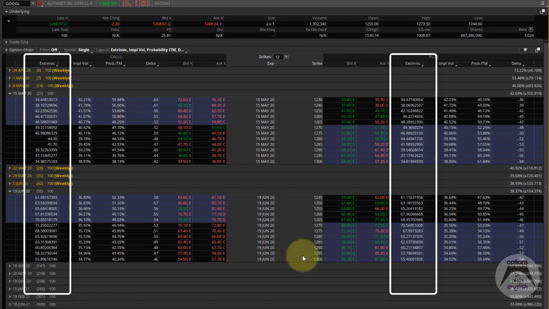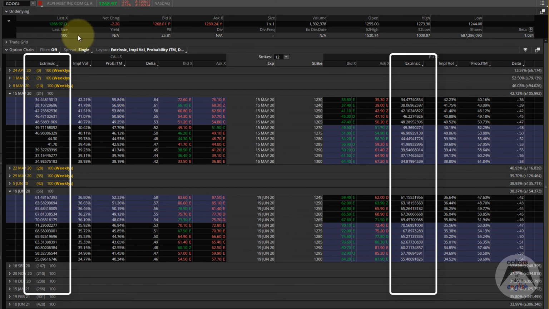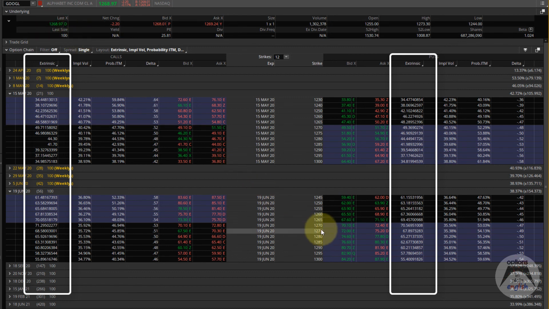Same with the puts. Now, if we go to the next month and we look at the same information, the 1270 is still, although this is real data, so this is changing, still the at the money. And you can see that the 1270 is still the one with the highest value, 71 here. But this at the money value is higher than this at the money value.